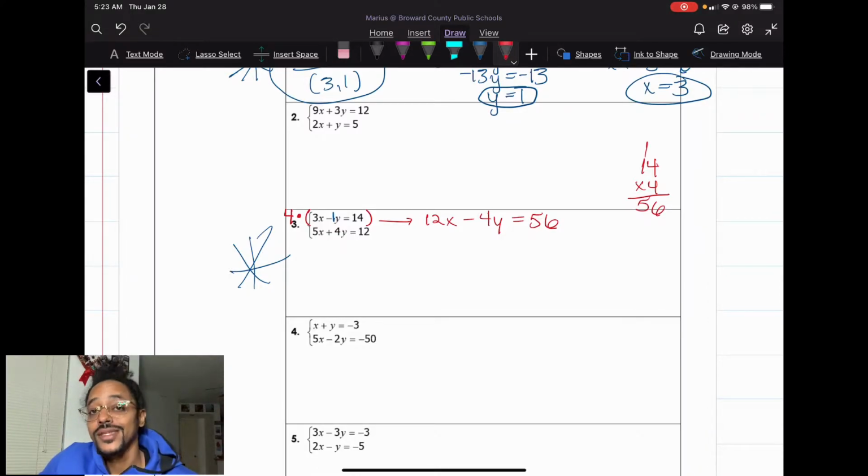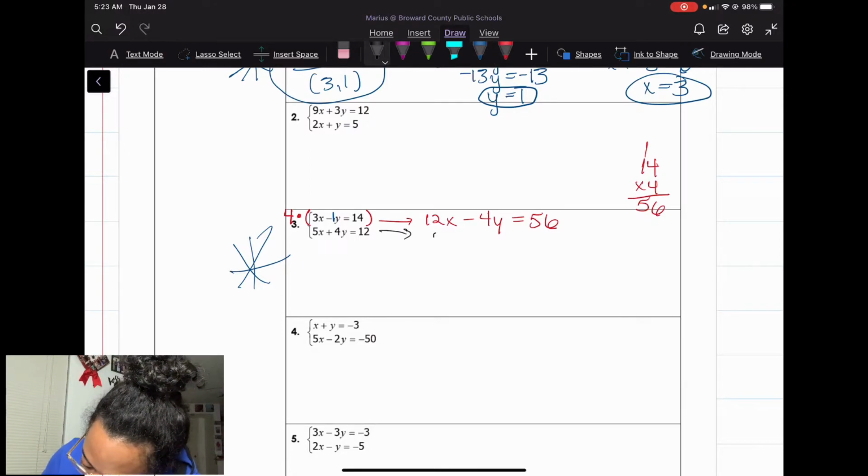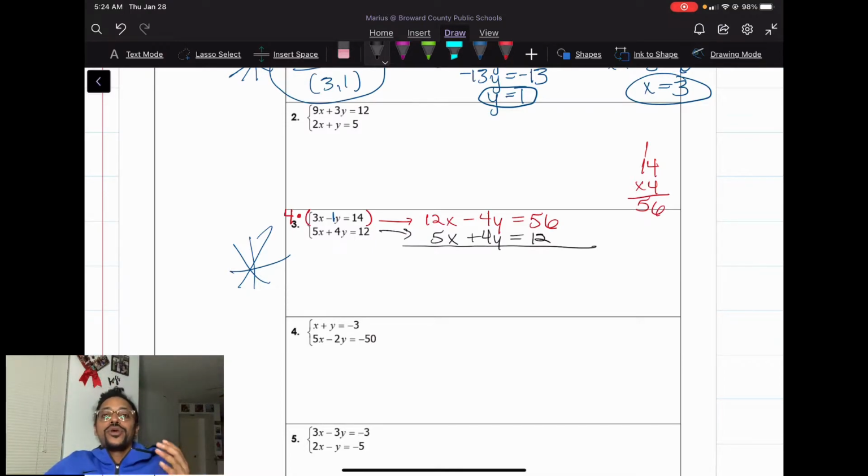Now, the second equation, we just rewrite that one. That's +5x, that's positive 4y, and that all equals positive 12. Now, remember, when we're using elimination, one of the variables' coefficients have to be opposites. Well, if we look now, the y's are opposites. One is negative 4, one's positive 4.